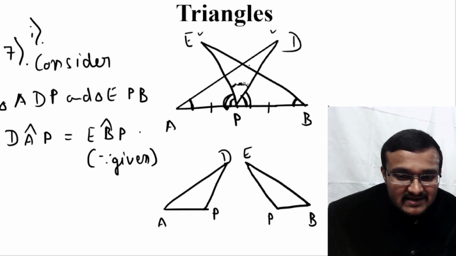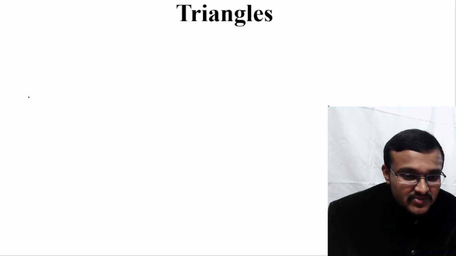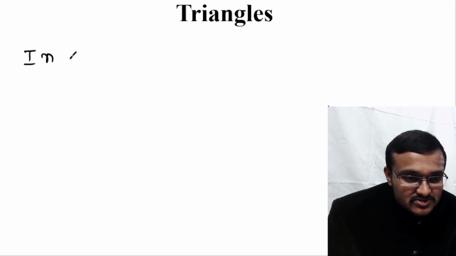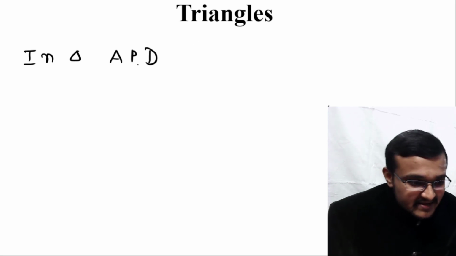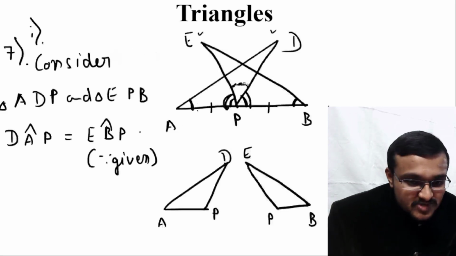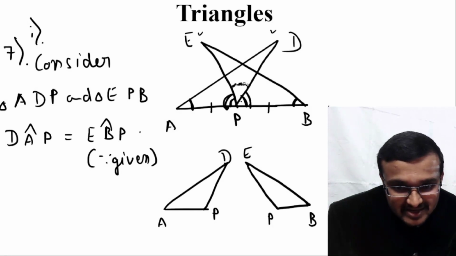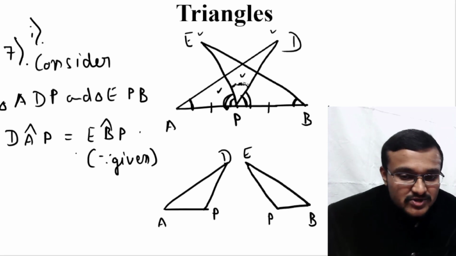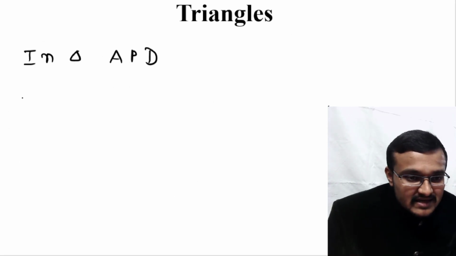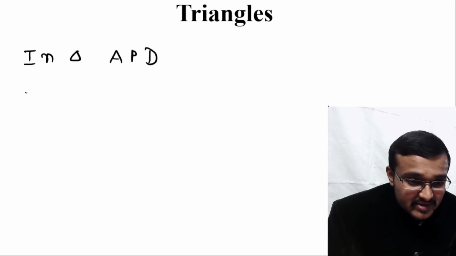So now in triangle APD, in this particular triangle APD, for this particular total angle APD, you have to consider this angle and this angle. So the sum of these two angles will give you the total angle APD in triangle APD.